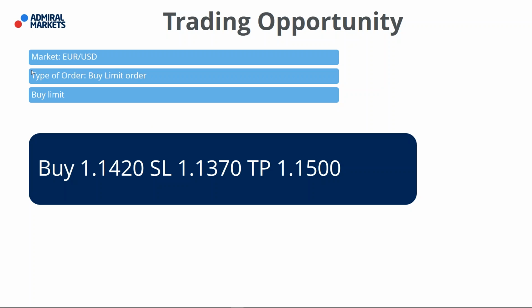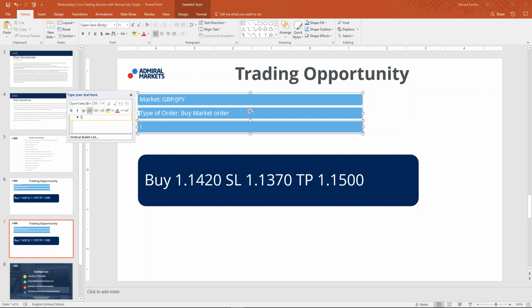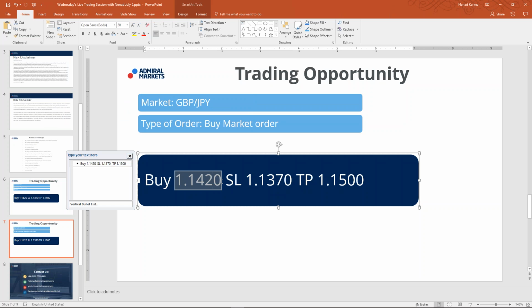So the trade for this session. Let me just add one more slide. So the trade for this session was pound yen. Pound yen, we have a buy market order, and the price was 145.70, stop 535, and TP.